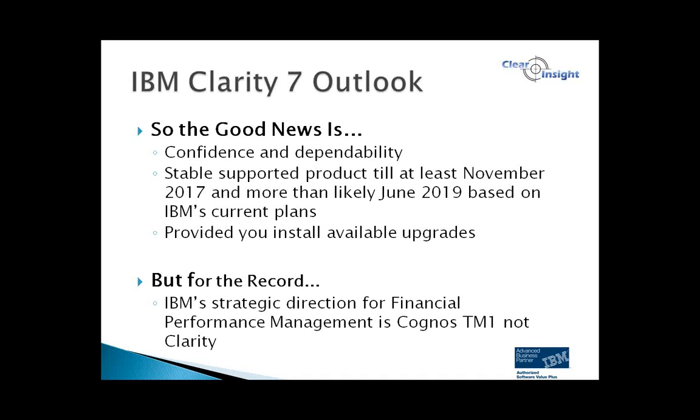As of the FixPack 1 release that was put out in November, 5 years from that says that you're going to have support till 2017. And should the Q2 2014 release go, you're good until June 2019 based on IBM's current plans. And of course, that's only true provided you continue to install the upgrades as they become available. So that is great news.